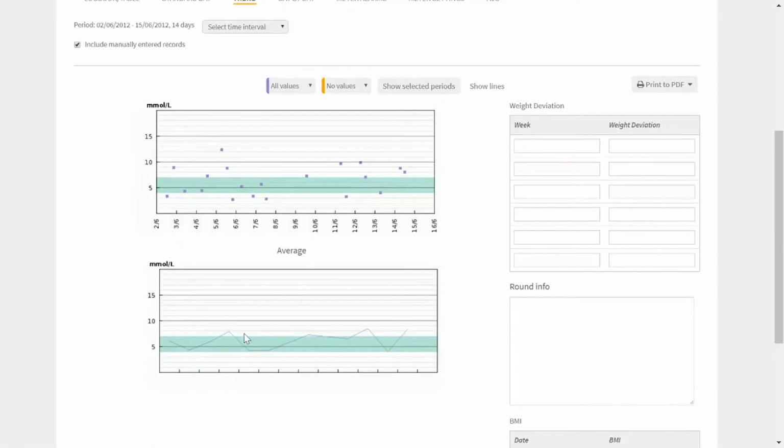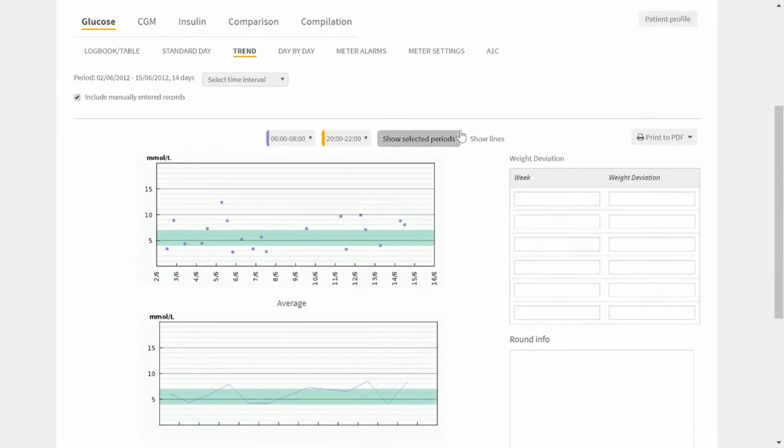So you can see here we have an average across the time period, but you can also select certain times of day, perhaps your waking values with your nighttime values, and you can compare just the blood glucose results between those two times to gauge an understanding of where you have poor control.